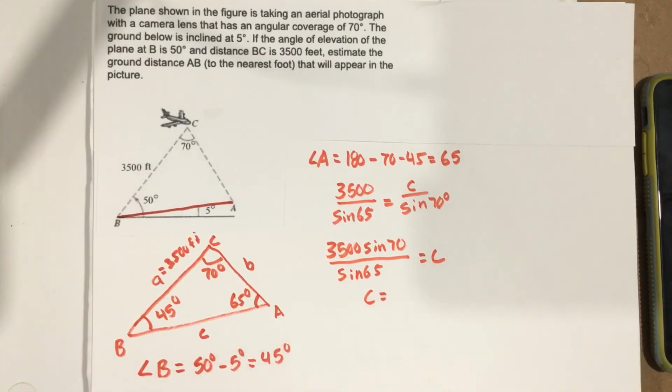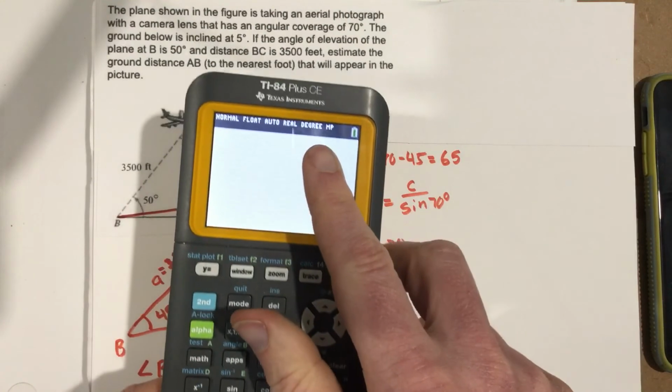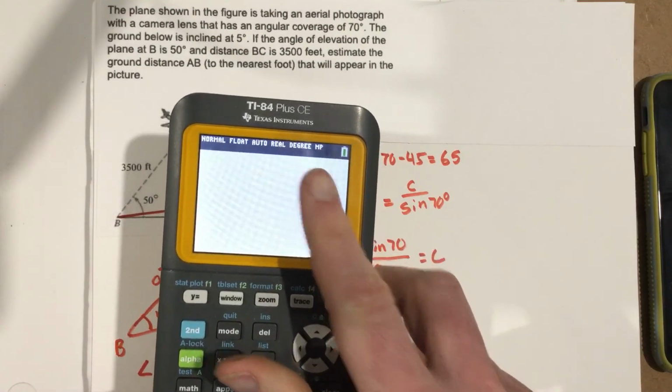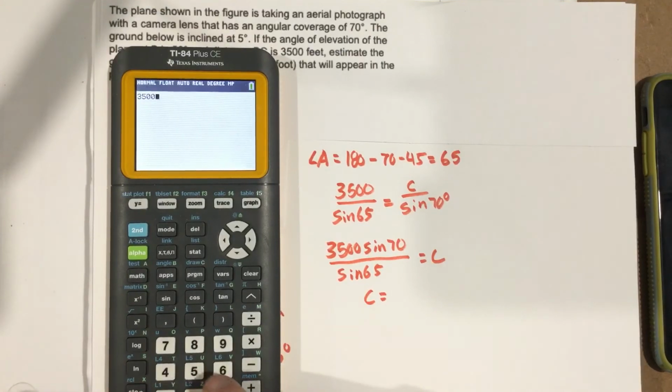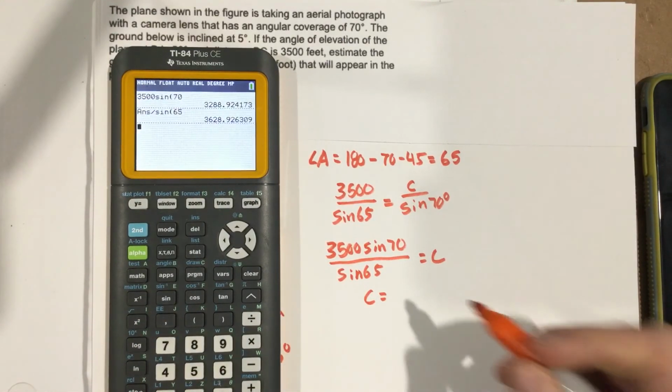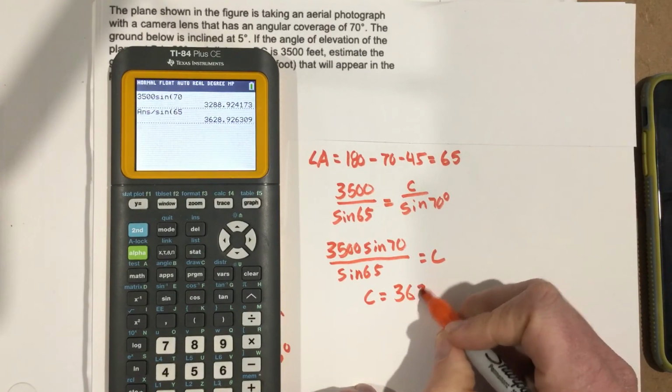Now, when you go to put this in the calculator, you got to make sure that you are in degree mode. So when I'm looking at my calculator, I look at the top, I see I'm in degree mode, so I'm good. I don't want to be in radian mode here. So I'm going to go ahead and type in 3,500 sine 70 divided by sine 65, and I get 3,629.